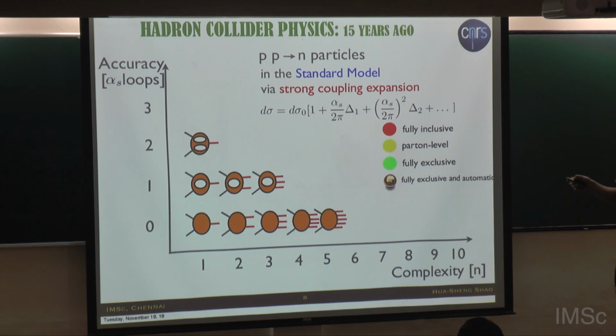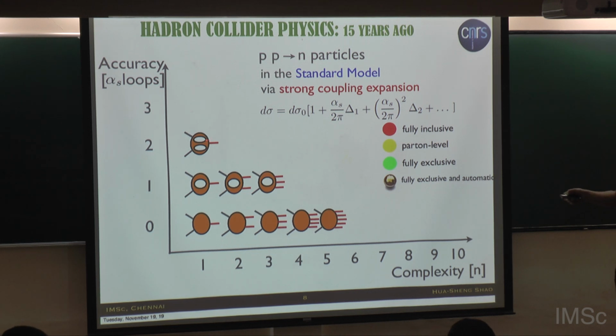So this is a big overview. I think Fabio has flashed a similar slide. But I will show you that 15 years ago at the previous LHC, there were very few different calculations, because if you go to more complexity, with more external particles or more loops, the ability to go there is quite low.